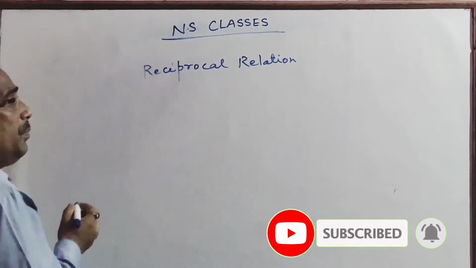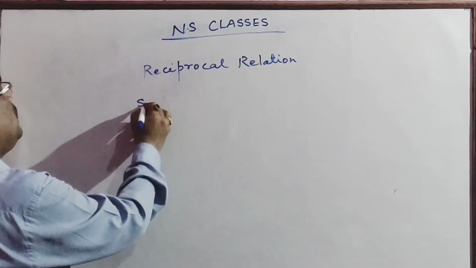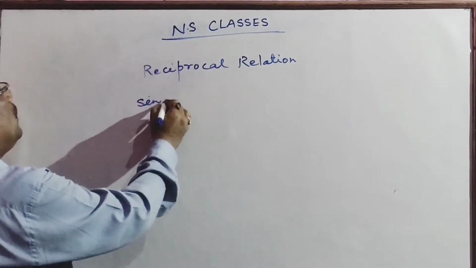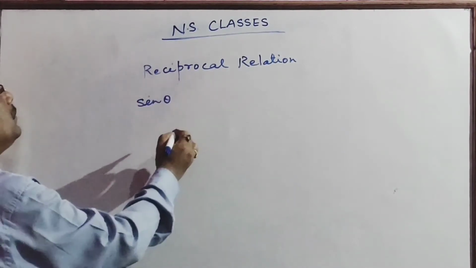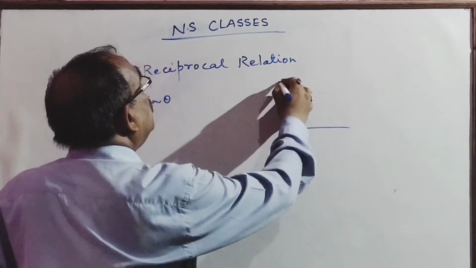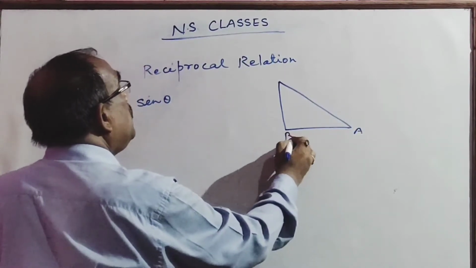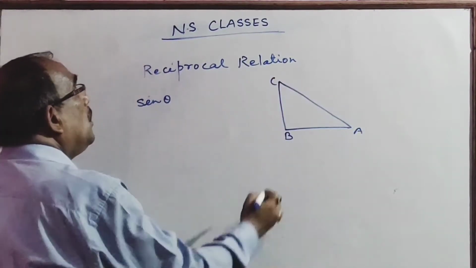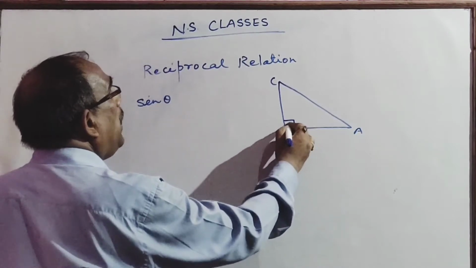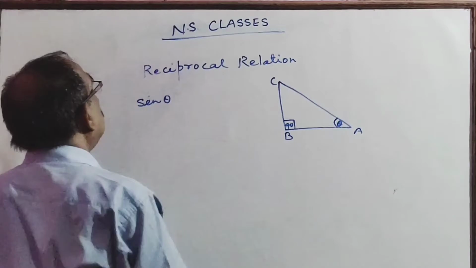That day I made you understand that, let us consider this triangle ABC, where angle B is equal to 90 degree and A is theta.